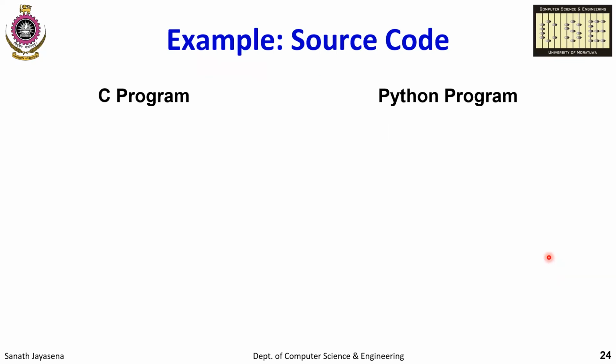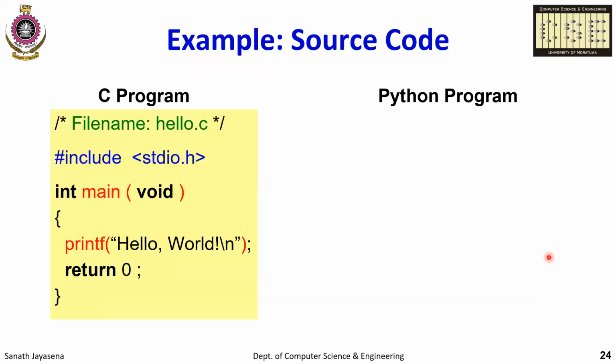Let's first look at the C program. A C program would look like this. The first line here is actually called a comment. That's not part of the source code. C program comments can look like this; in Python, comments have a different format. Whatever the language, comments are included for humans.